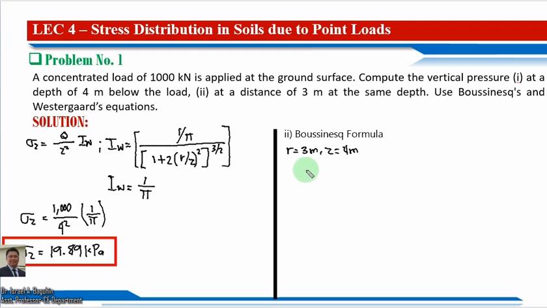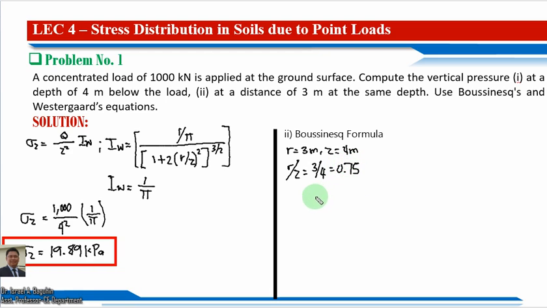Okay, so our R over Z is just equal now to 3 over 4, which is only 0.75.